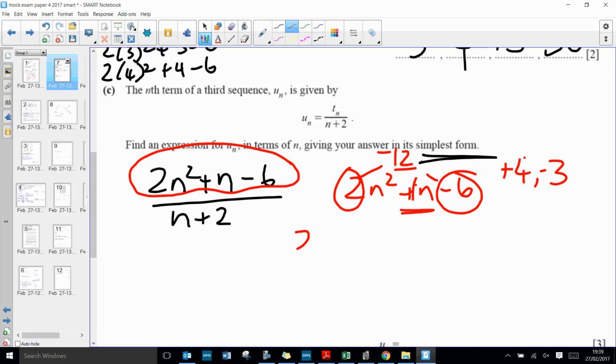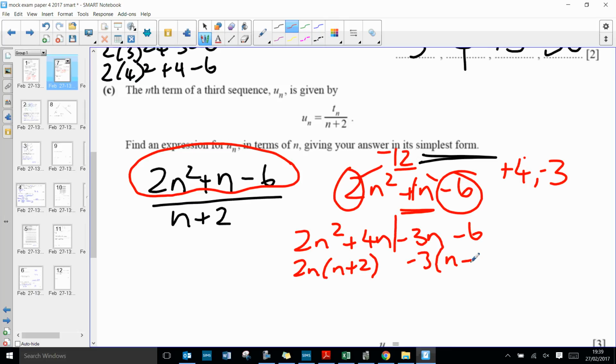So 2n squared plus 4n minus 3n minus 6. Cut it in half. 2n is common. And minus 3 is common. Oops, that's a plus. And then we've got 2n minus 3 and n plus 2.